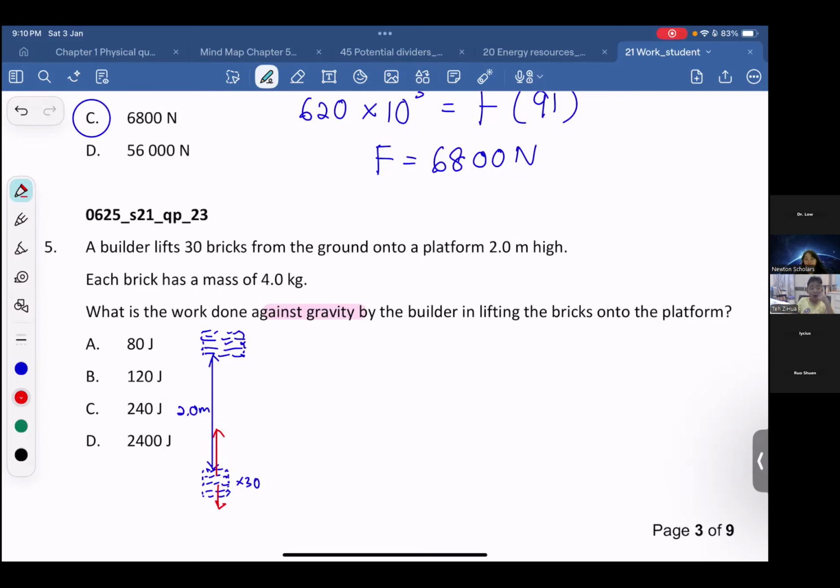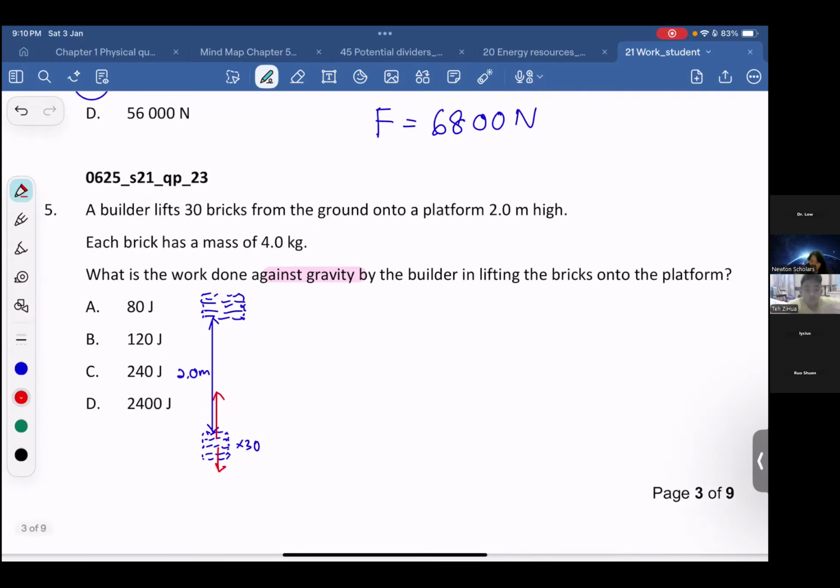Angeline, correct. Zihua, what do you think? Are you able to count? Correct, Zihua, correct. You use force times distance. Okay, like this. Crystal, you are using work done is force times distance. Okay, what is your force? What is your force?